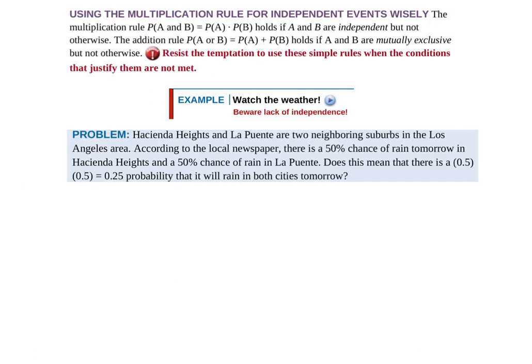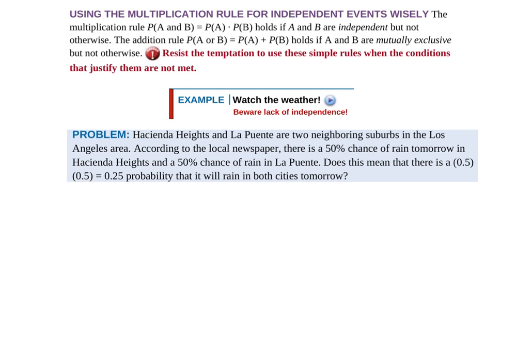One last little warning about the multiplication rule for independent events. Make sure to use that wisely. Resist the temptation to use these simple rules when the conditions that justify them are not met. Here's another example. Beware lack of independence.